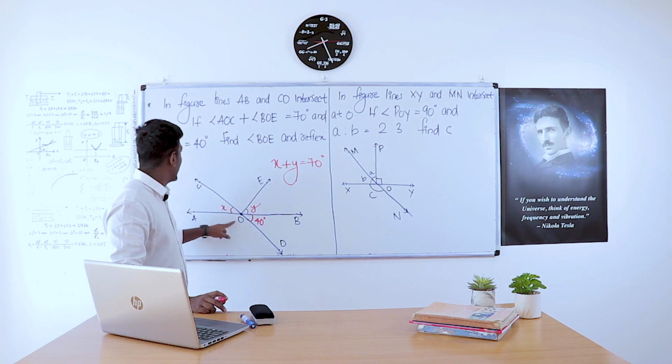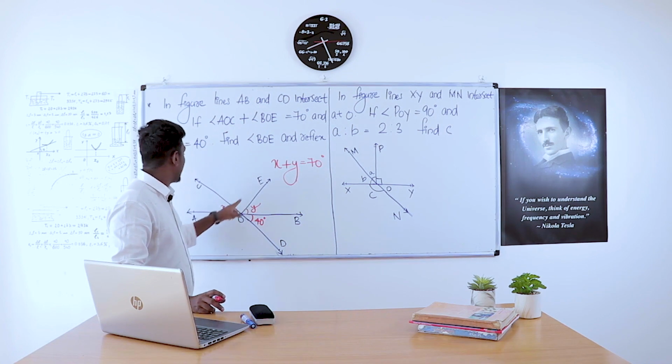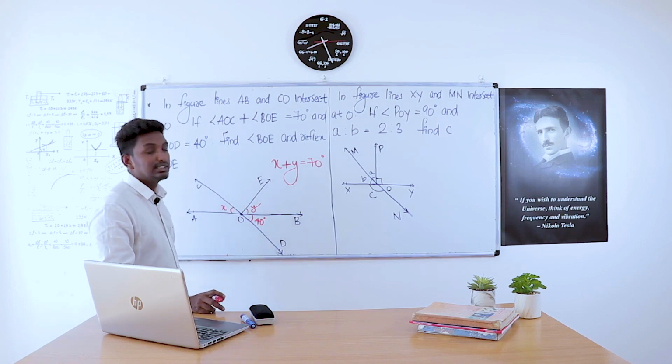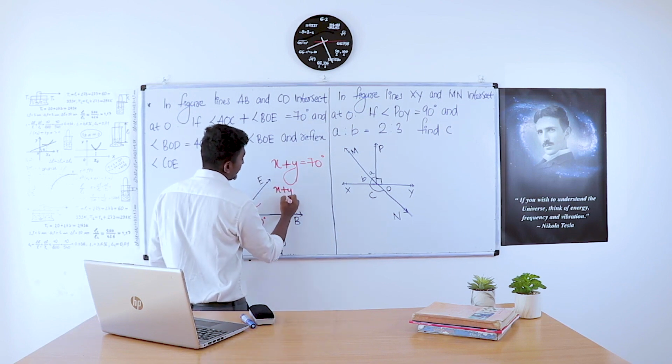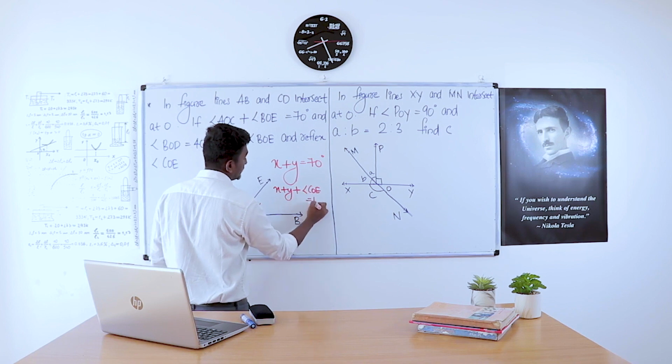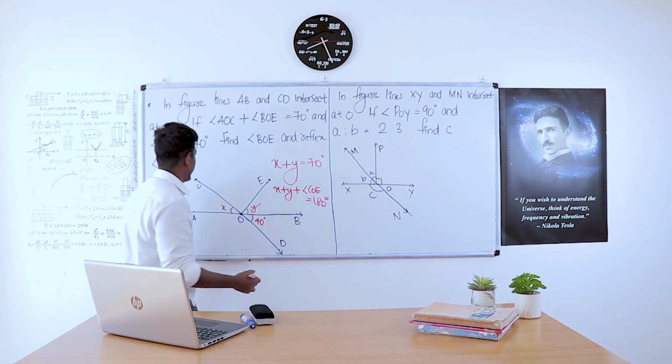That is angle AOC X, angle BOE Y, and angle COE. The sum of these three angles is equal to 180 degrees. That means X plus Y plus angle COE is equal to 180 degrees.